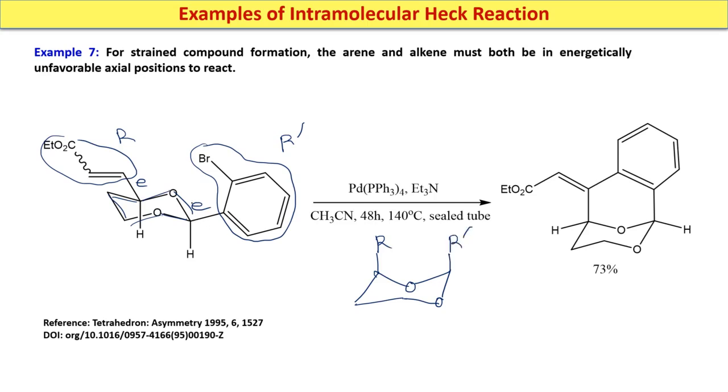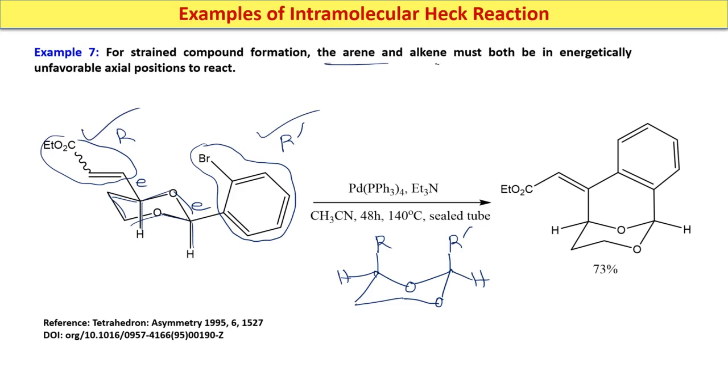So here we have these hydrogens, you can see these are axial in the previous structure, but now they will be equatorial. So why do these two come to the axial position, though it is very strained? Because if R and R prime do not come close to each other, which are actually the two parts of the intramolecular Heck reaction, there is no reaction. This is our alkene, this side, and here we have the C-Br part, that is the halogen.